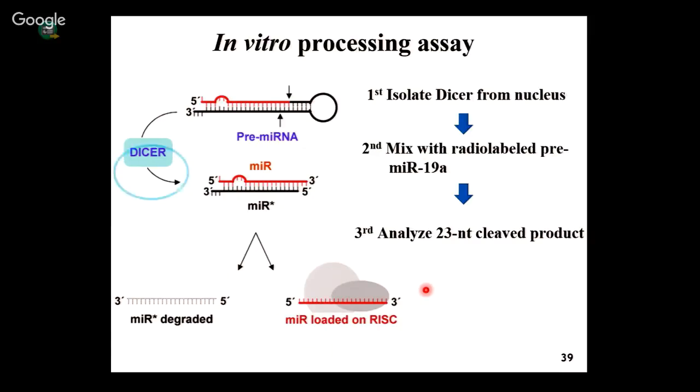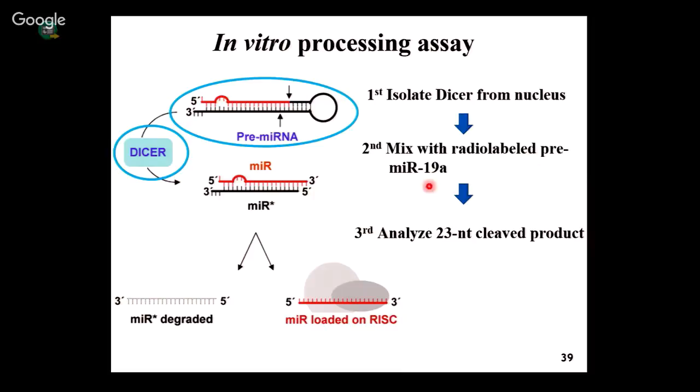So the first step in the in vitro processing assay is to isolate the Dicer from the nucleus or the cytoplasm. And then they mix the Dicer protein with a radio-labeled precursor microRNA. In this experiment, it is precursor miR-19A.